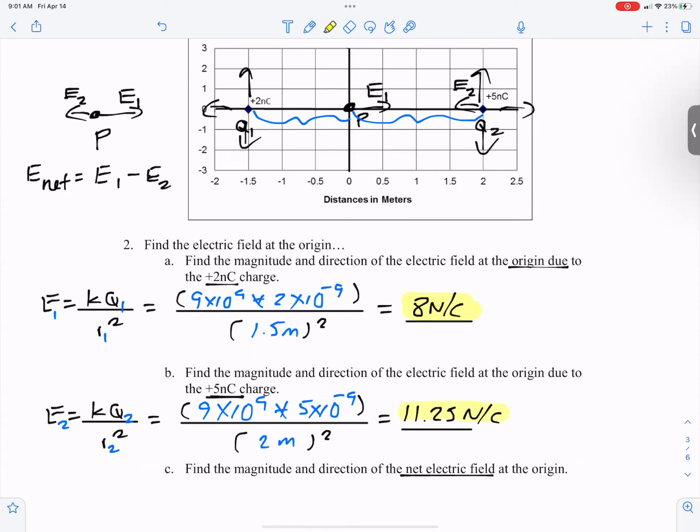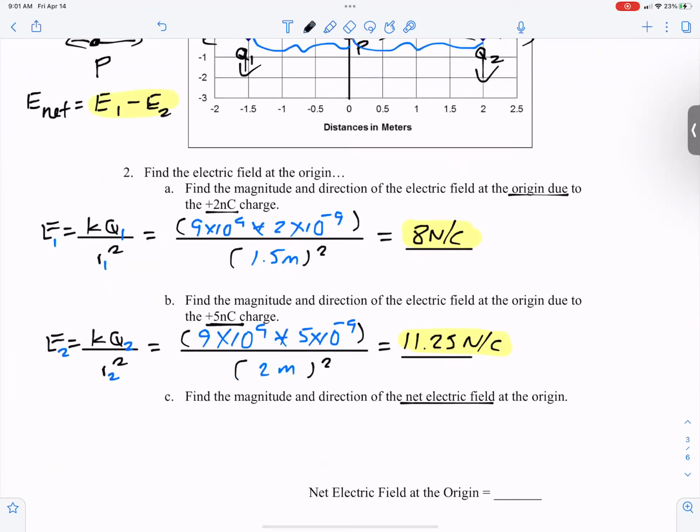So one way you could do this is go bigger field minus smaller field, and the net field goes in the direction of the bigger field, which is the direction of E2. E2 is pointing to the left, so the net field is going to point to the left since E2 is bigger than E1.